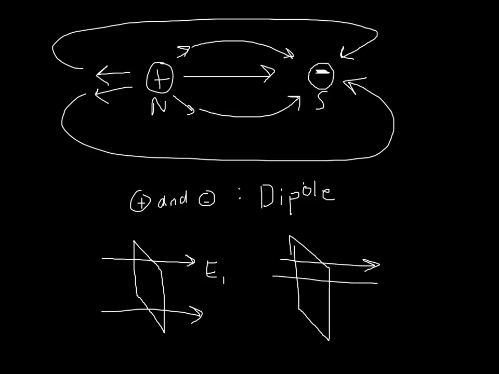It's got 1, 2, 3, 4. Okay, so I know right away I can look at how many lines are going through each of these surfaces. E1 is a weaker electric field than E2 because E2 has more field lines. So the number of lines describes how strong your field is. More lines equals a stronger field. Less lines equals a weaker field.